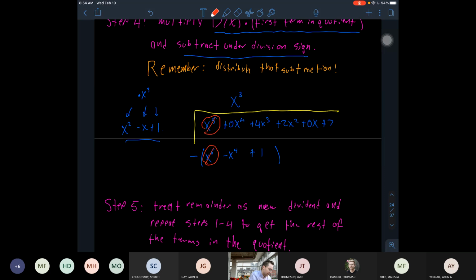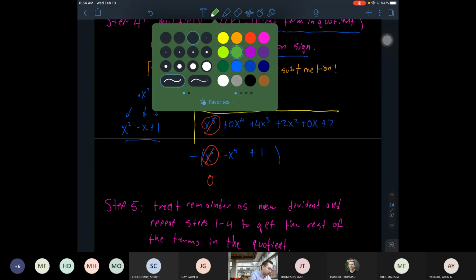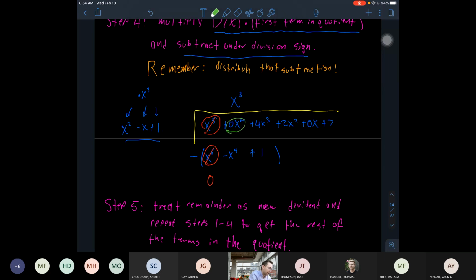So those guys just cancel out, and I get 0. Then on the next term, I start with 0x to the 4th, and I subtract negative x to the 4th. So really, since I subtracted a negative, I will actually get x to the 4th.